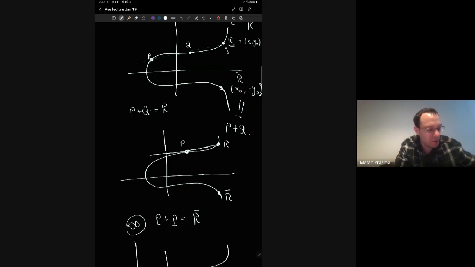But if you instead define it as R bar, you see that you get associativity.